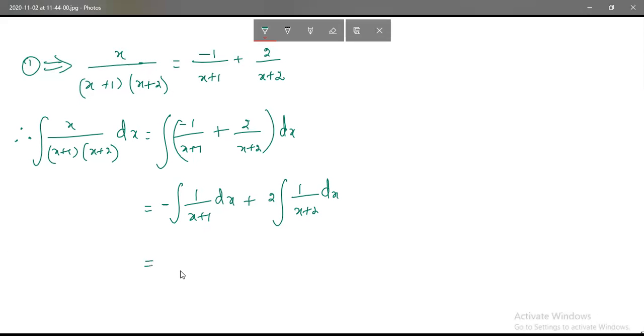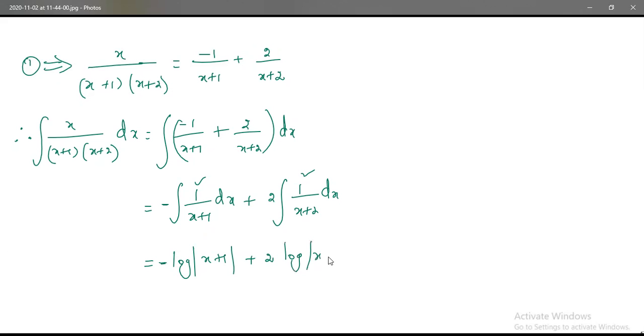You check x plus 1, differentiation is 1, that is what is in the numerator. Differentiation of x plus 2 is 1, that's what is in the numerator. In such cases, you can directly write minus of log of x plus 1 plus 2 times log of x plus 2, log of the denominator, plus the constant c.